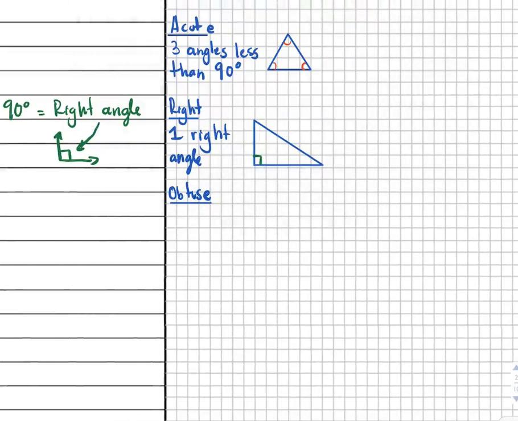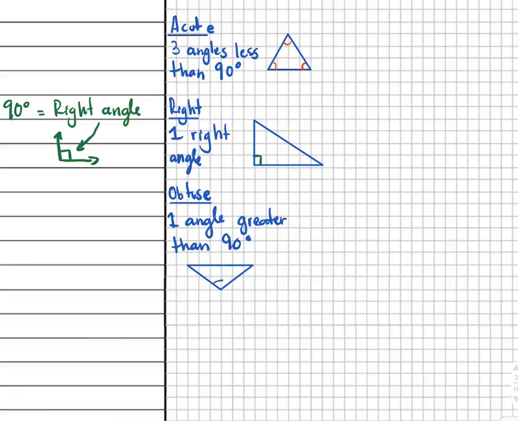All right, obtuse. Obtuse is going to be one angle greater than 90 degrees. Okay, so I'll draw my triangle. It's kind of like that scalene triangle I had earlier, but it doesn't have to be. You can have an isosceles obtuse triangle.